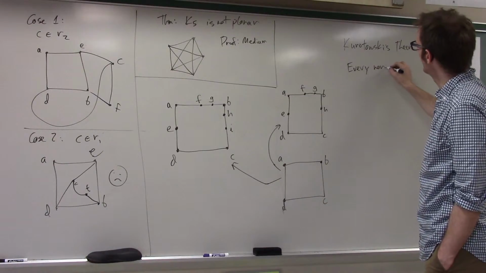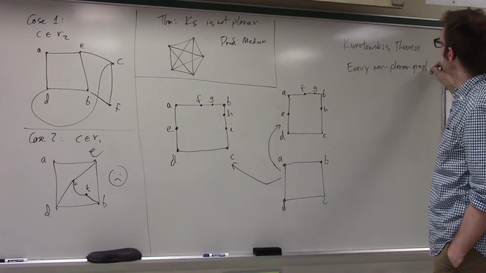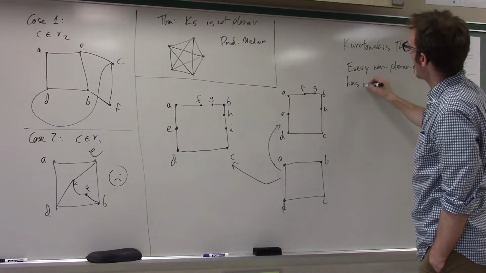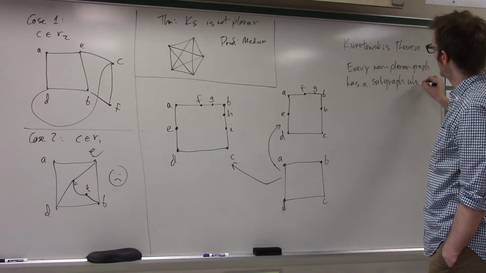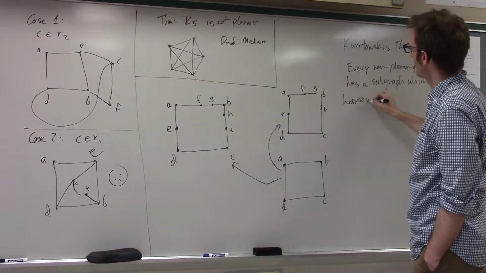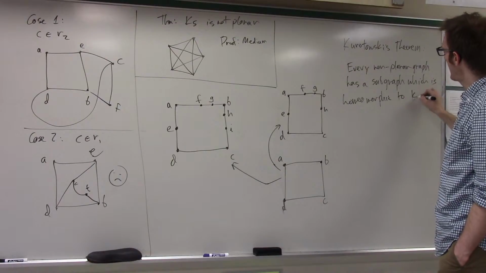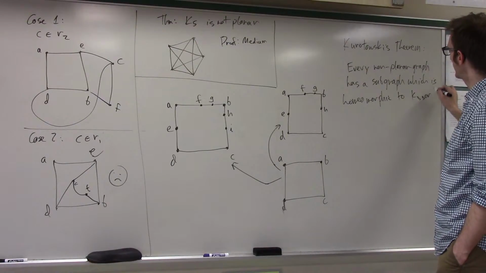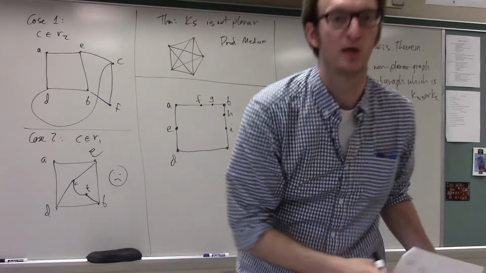Every non-planar graph has a subgraph which is homeomorphic to K3,3 or K5. Okay. Example.